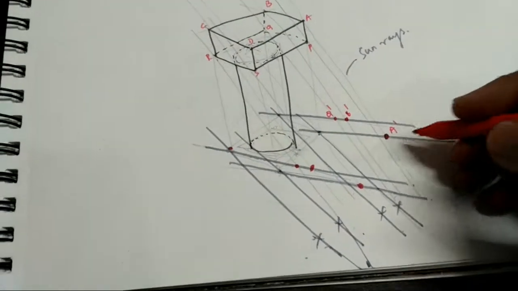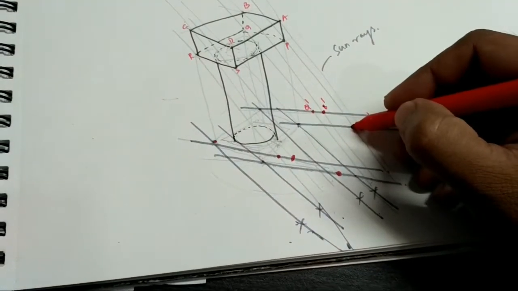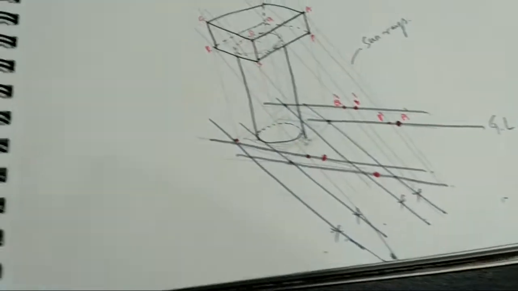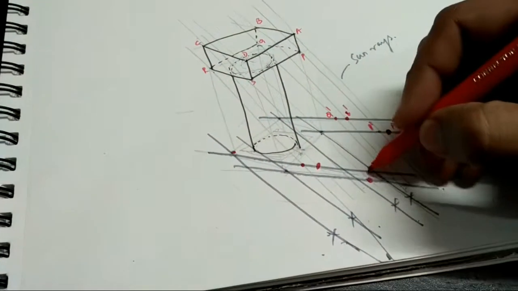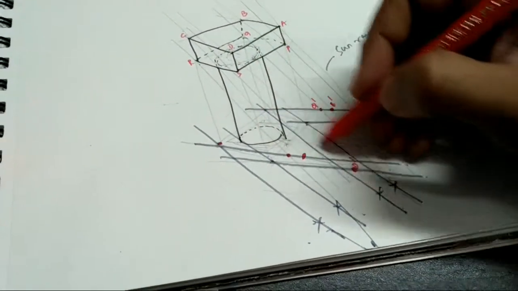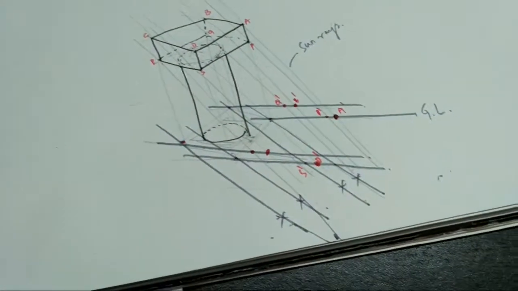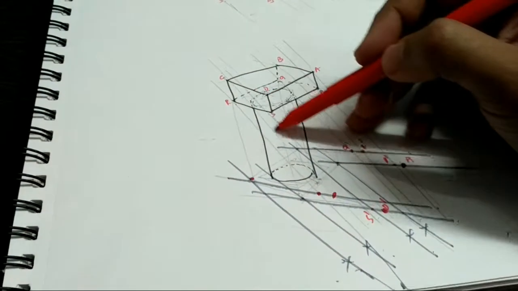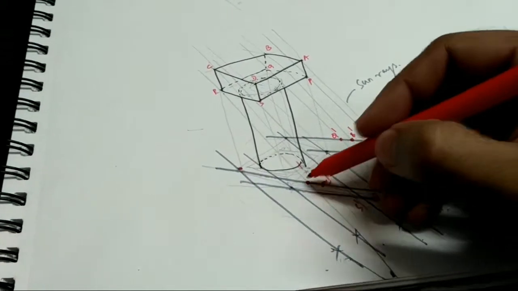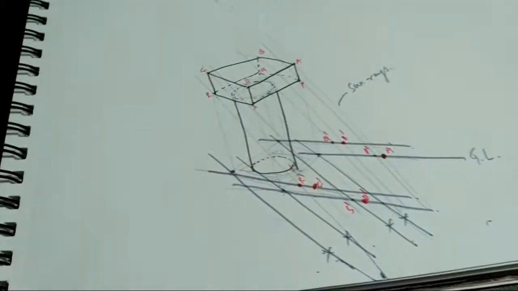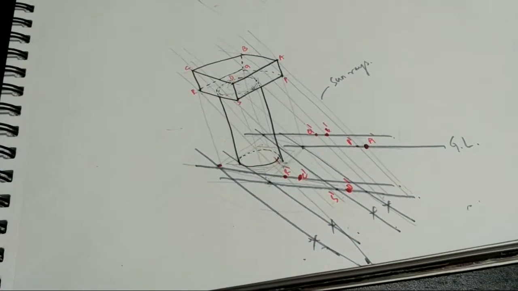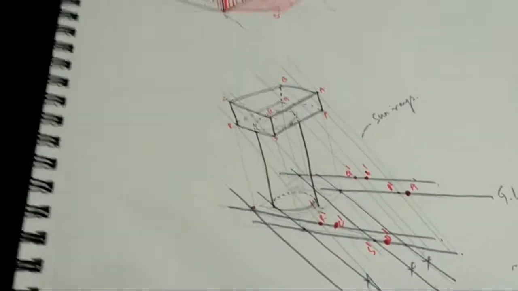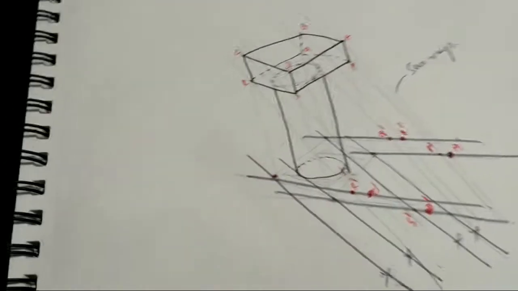Similarly we have D dash and S dash, and C dash. This is C dash. We have R dash. So you can very clearly see how many points and lines are being arranged in this manner.